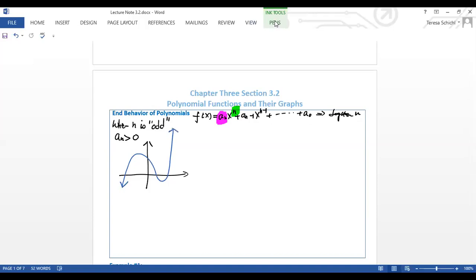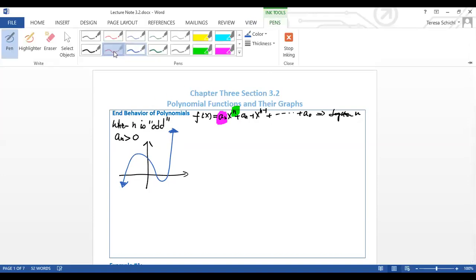When n is odd and a_n is greater than 0, be careful here. If a_n is greater than 0, the right leg goes up and the left leg goes down. In between, it doesn't have to look like this; you can have many different ways.